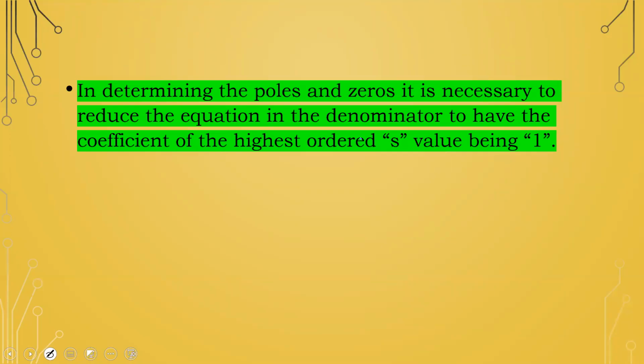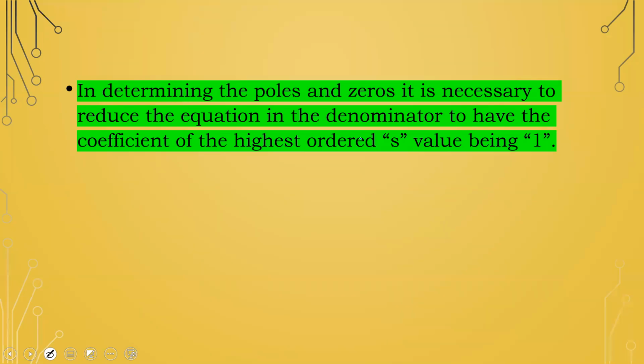So before we determine the poles and zeros, it is necessary to reduce the equation in the denominator to have the coefficient of the highest order S being 1. Of course, the order means here the power to which S is raised. So if our denominator has S cubed, S squared, S, and then of course S to the 0, which would be the constant, then the highest order would be 3, for the S cube.